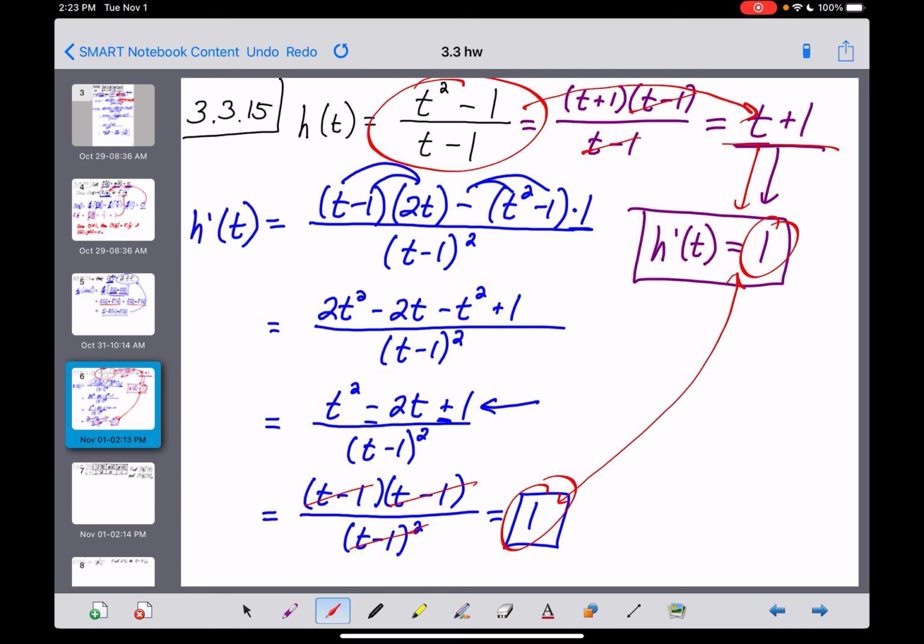If you don't see that the original function can be simplified, the other rules we're working on, in this case the quotient rule, still work and will still eventually lead you to the right answer, but it's much, much harder, and you're much more likely to either make a mistake in getting from point A to point B, or just not realize that you can keep simplifying and get your derivative down to something quite that easy. So that's problem number 15.